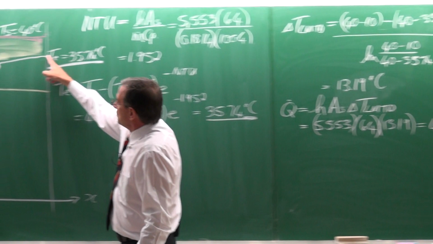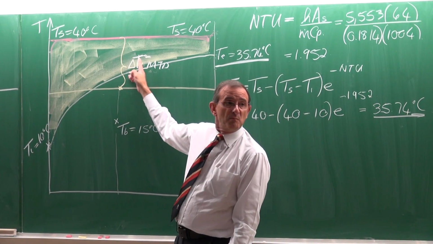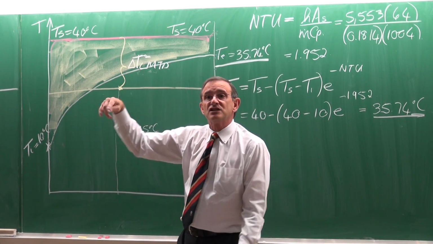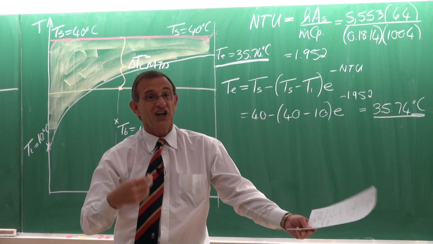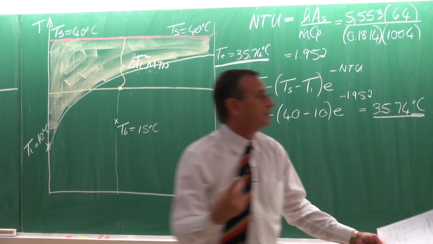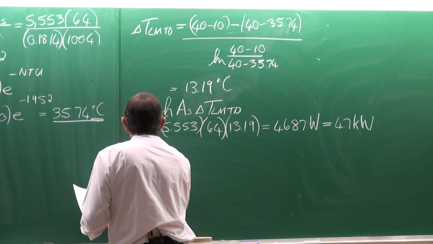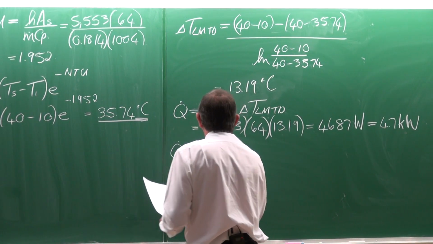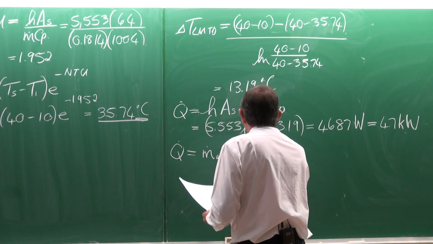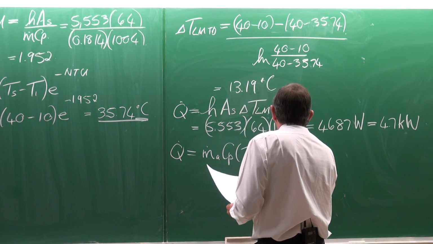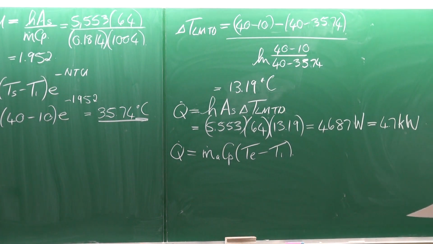But we've got that temperature, and we've got the mass flow rate of the air. So there's an alternative way of calculating the heat transfer rate, and that should be a good check. They should be the same. So we can also say the heat transfer rate is equal to the mass flow rate of the air, the Cp of the air, the outlet temperature of the air minus the inlet temperature of the air.